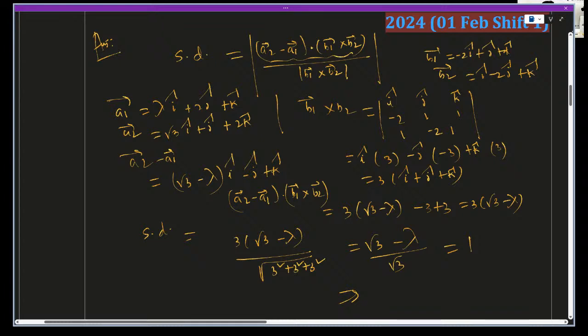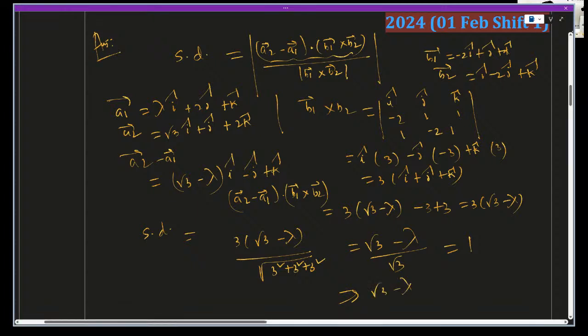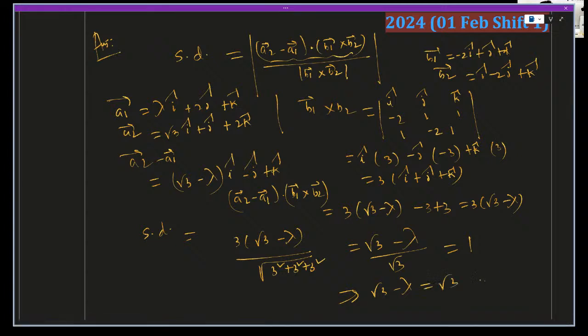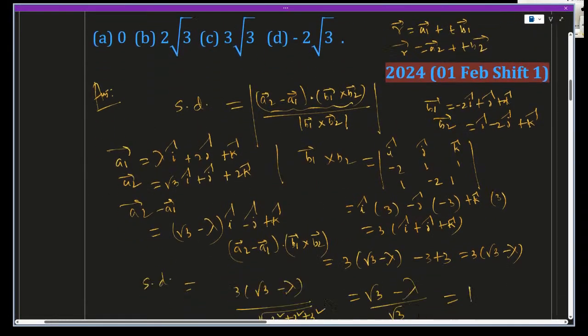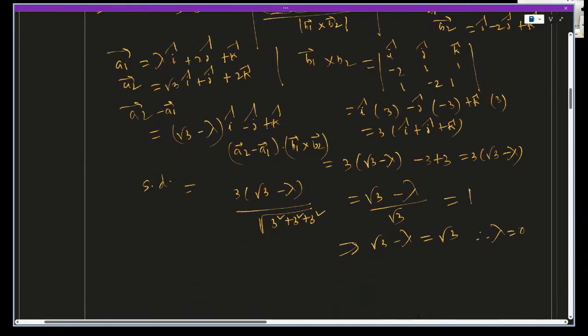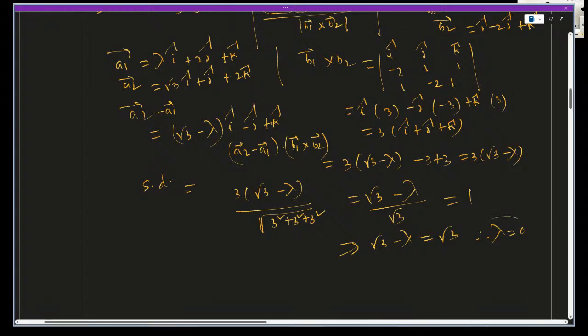Isn't it? Just check. So root 3 minus lambda equal to root 3. So lambda value is going to be what? Wait a minute. Why am I not getting 2 root 3? Root 3 minus lambda by root 3 equal to 1. Then lambda is coming to be 0.